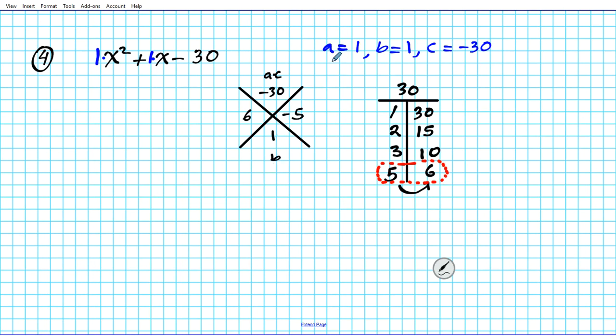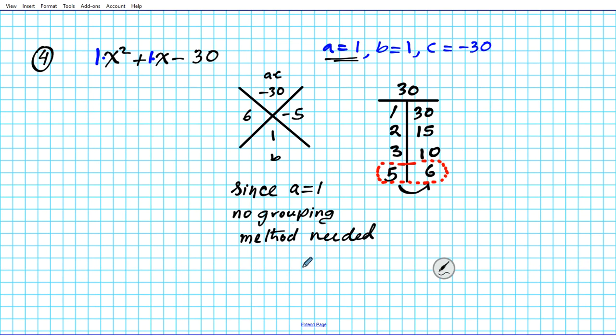Now what you notice is that a is equal to 1 in this problem. Whenever a is 1, you don't need to factor by grouping. So since a is equal to 1, no grouping method needed.